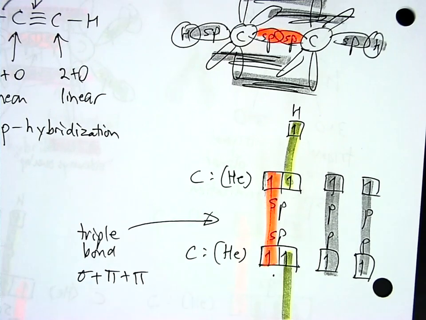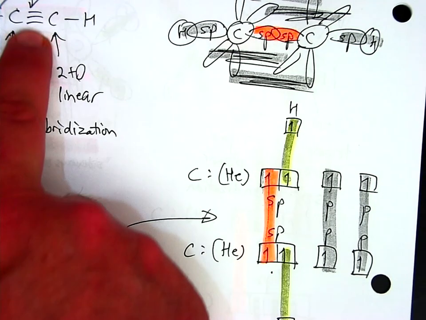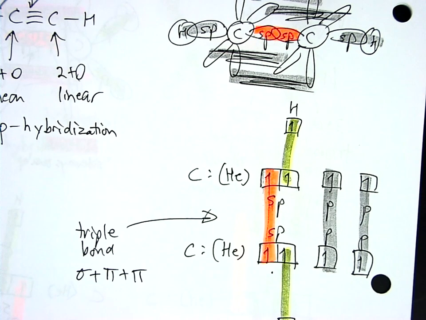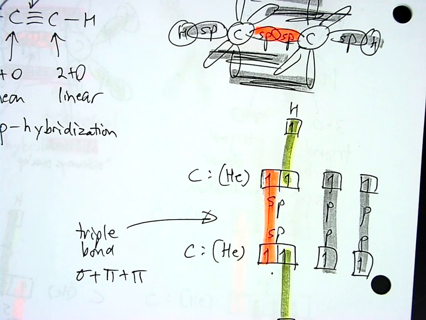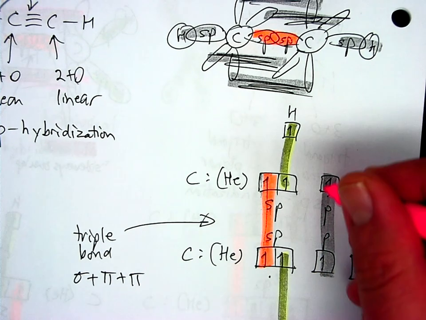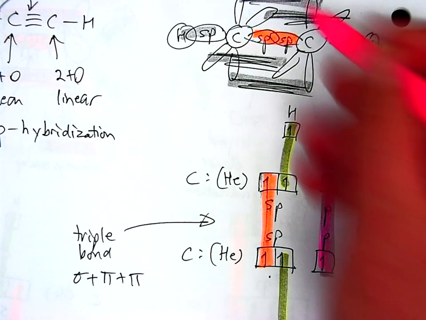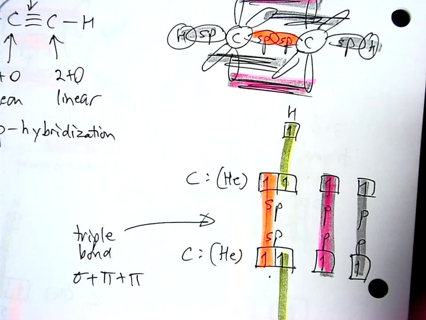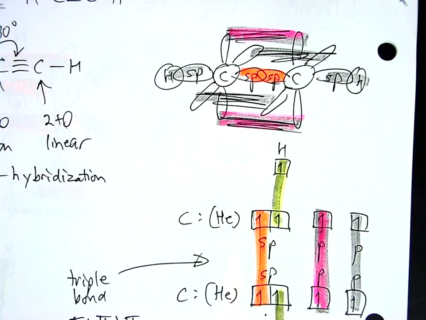And then the two carbons here have two more bonds that are required. And so that's achieved through two overlaps of p orbitals on different carbons. What that produces, just like in the double bond, is a pi bond above and below, two parts of one bond. Okay.